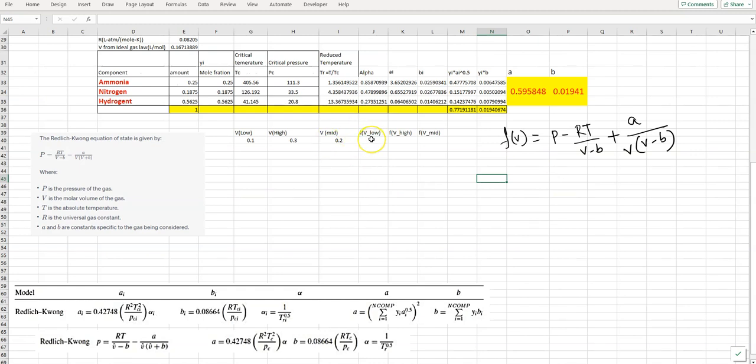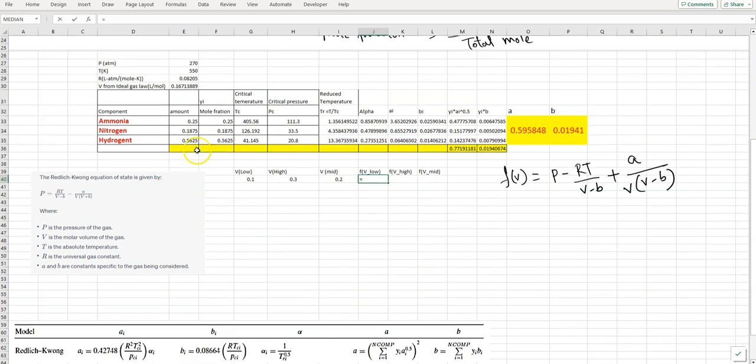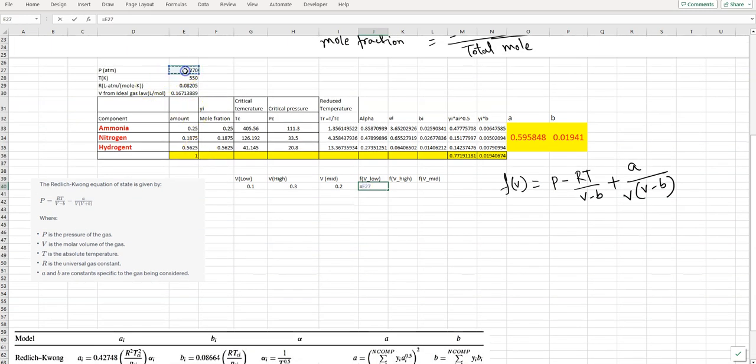Now using that v value, as the function of v is equal to this, we can calculate f of v low. First we have to calculate that. P is constant, so that is not going to change. R value will not change, I'm marking it with a dollar sign.